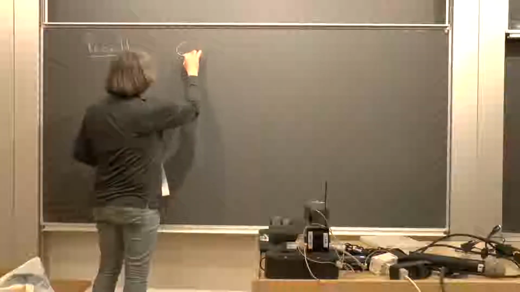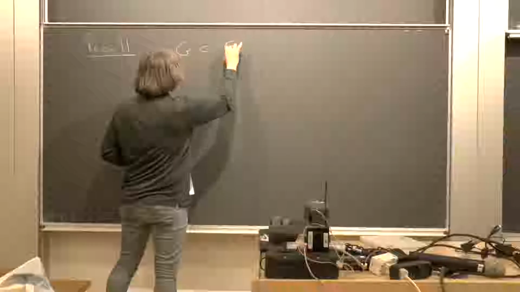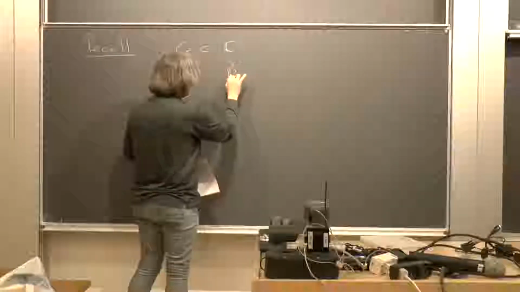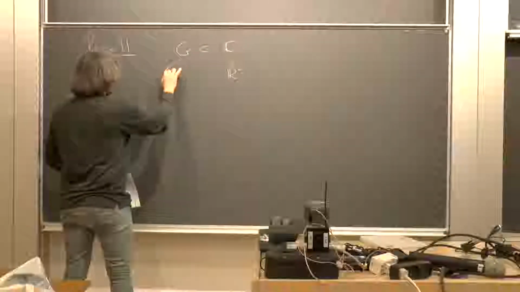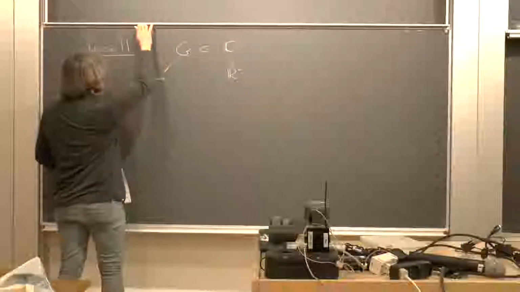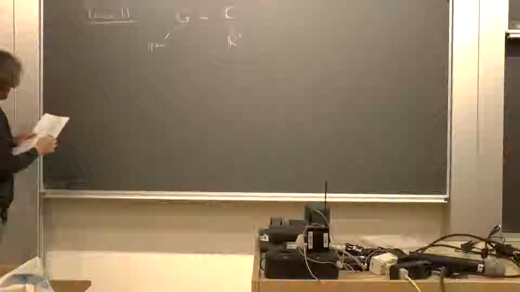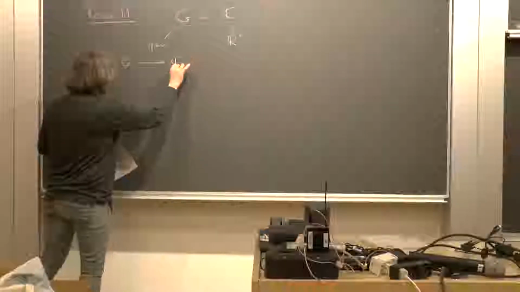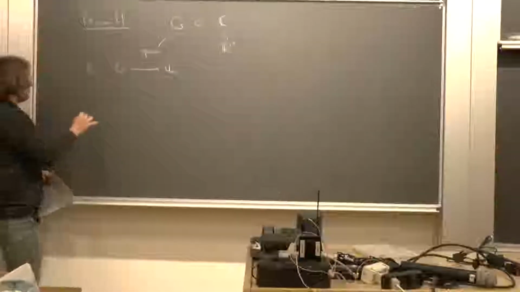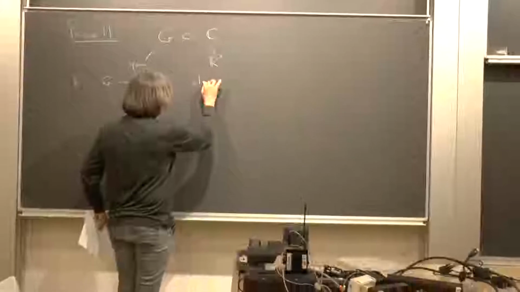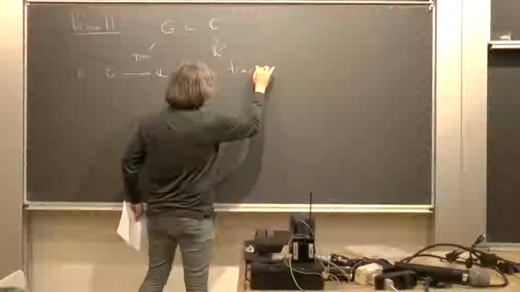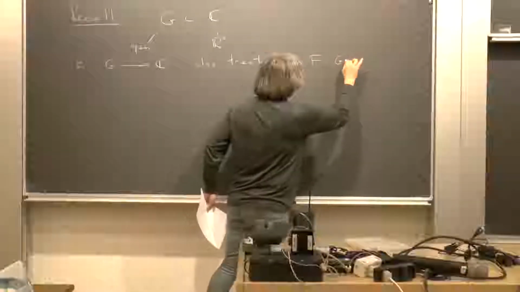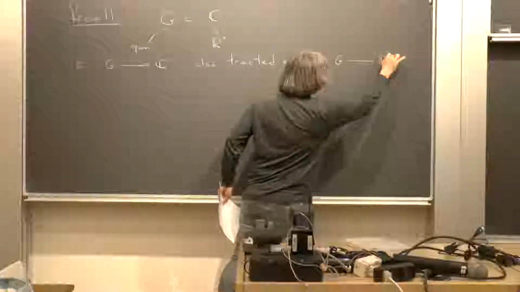For an open subset G in complex numbers, which we always identify with pairs of real numbers, we considered a function, also treated as a map from G to R squared.